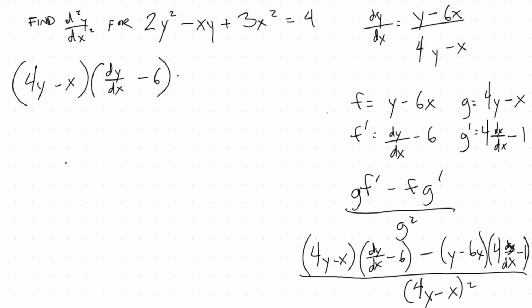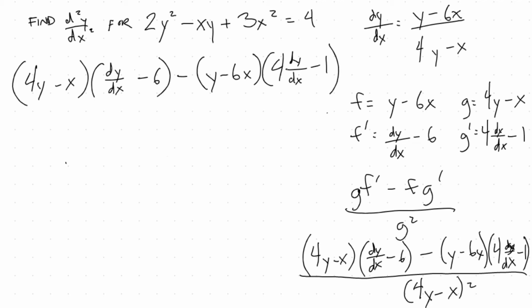And then I'll do the same thing over here with the other one. I should probably be able to fit it all on one line. And I'm going to leave off the denominator for a little bit just to not have to keep writing it over and over again. We know it's there, but I'm just going to focus in on these binomials off to the side.